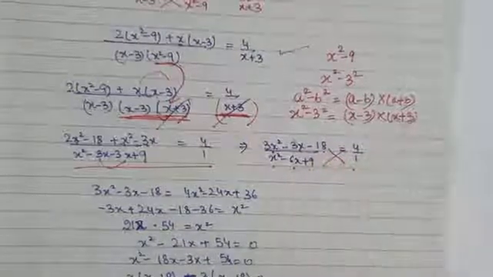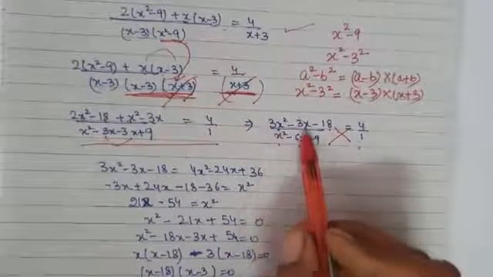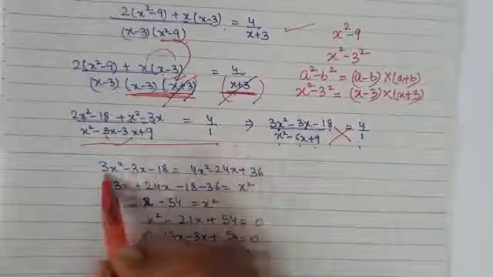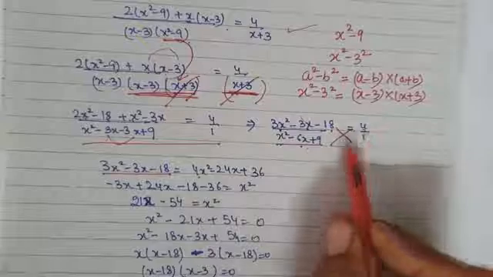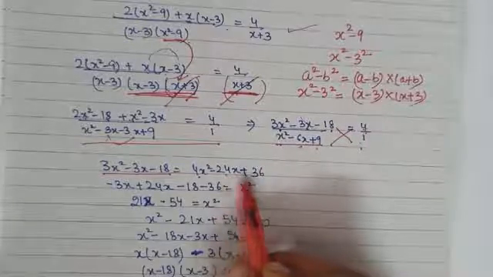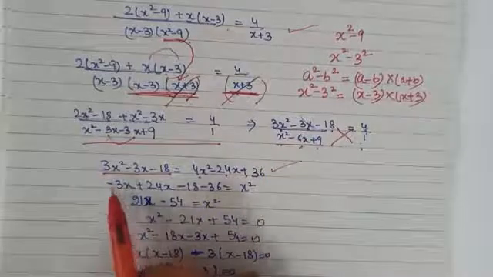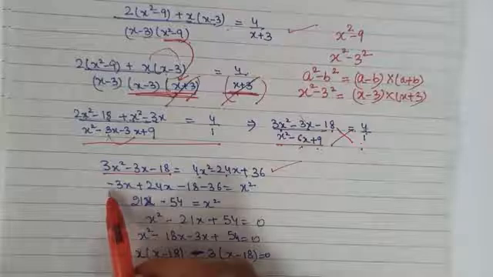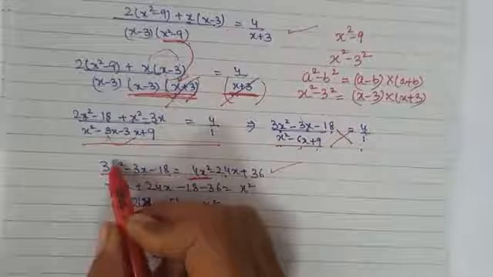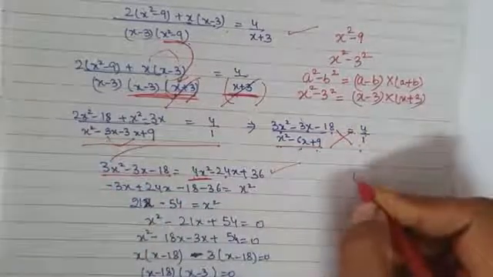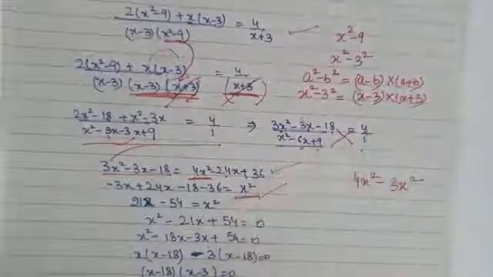Now do the cross multiplication again. 1 into 3x square minus 3x minus 18 will give you the same. 4 into this: 4x square, 4 into 6, 24x, plus 4 into 9, 36. Now combine the like terms. See, 4x square is here. If I shift 3x square, so 4x square minus 3x square will give you x square.